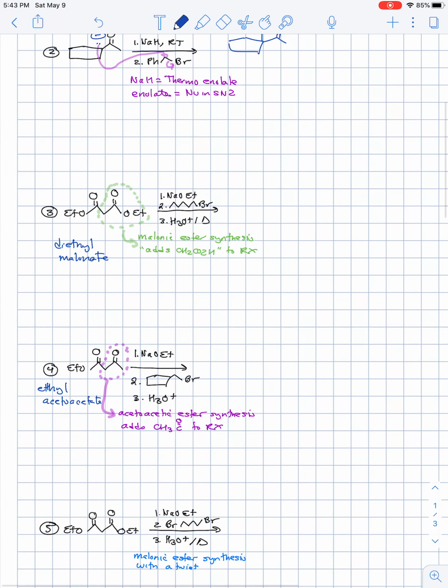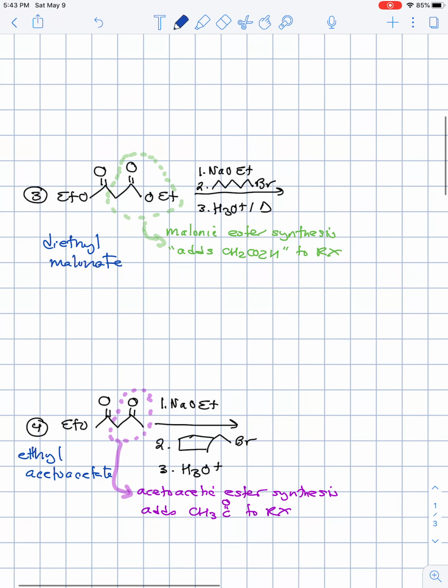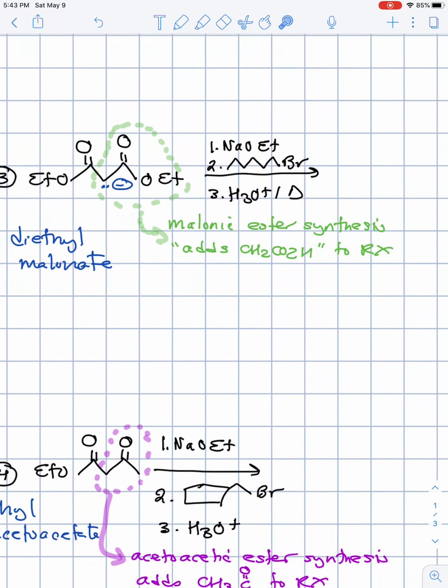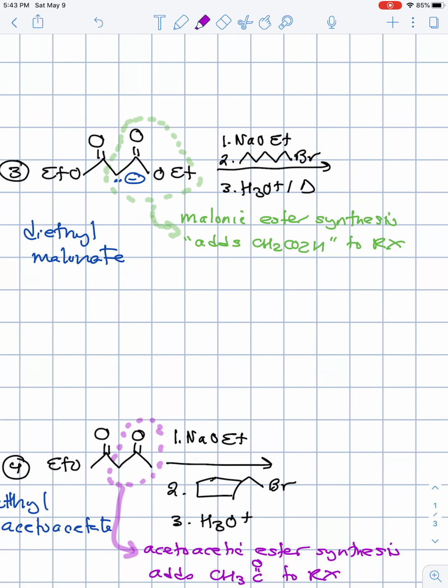So what happens here is that the first thing that happens is that the sodium ethoxide is a strong enough base to completely remove the alpha hydrogen that's acidic to these two carbonyls. So that's going to have a substantially lower pKa, and sodium ethoxide is going to be a good enough base to remove that.